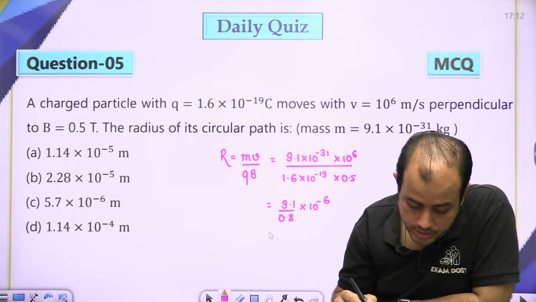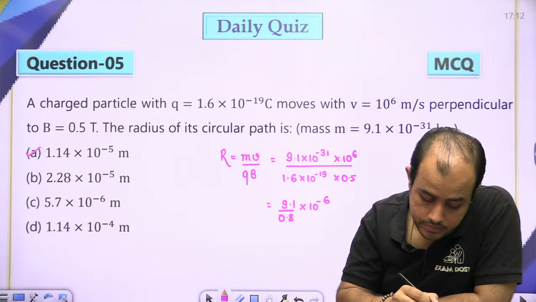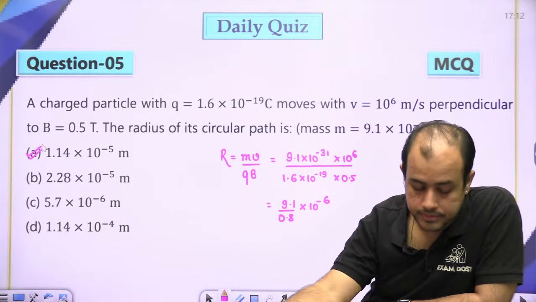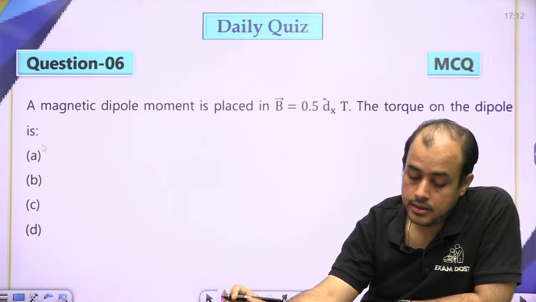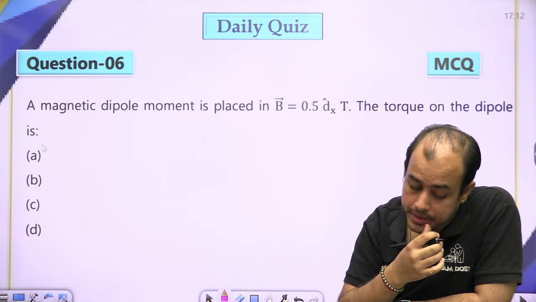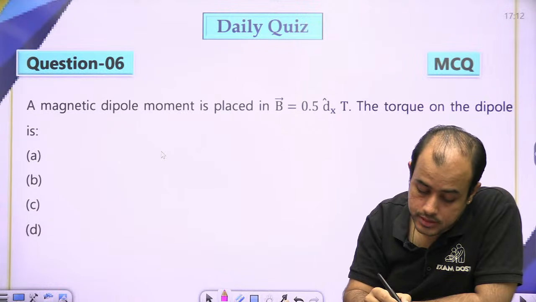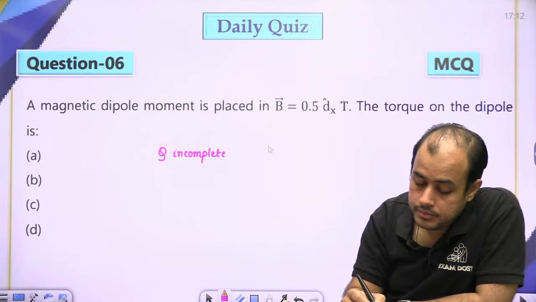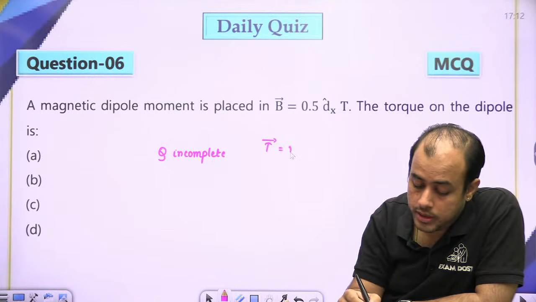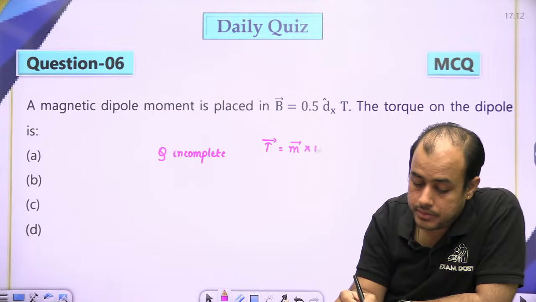So almost 12. A option. Answer will be A option. Very good. Magnetic dipole moment is placed. यार ये वाला क्वेश्चन इनकम्प्लीट. और टॉर्क का फॉर्मूला आपको याद रहना चाहिए, M क्रॉस B.